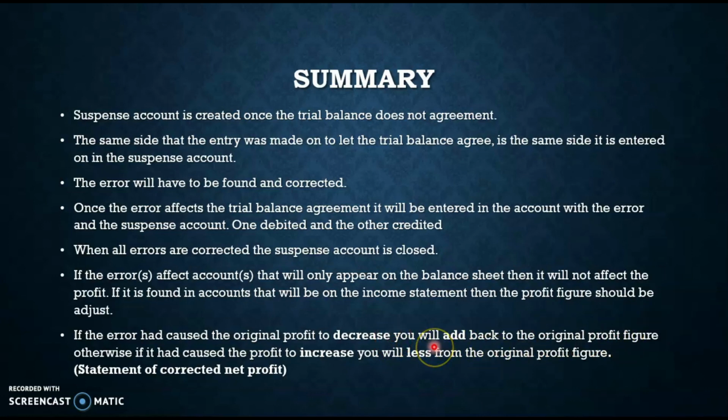So if the error would have caused your gross profit or net profit figure to be less than what it ought to have been, you would add back to that original figure to increase it to where it ought to be. And then if it had caused the net profit or gross profit to be higher than it ought to have been, then you're going to less it from that original profit figure. And you will find that in your statement of corrected net profit.